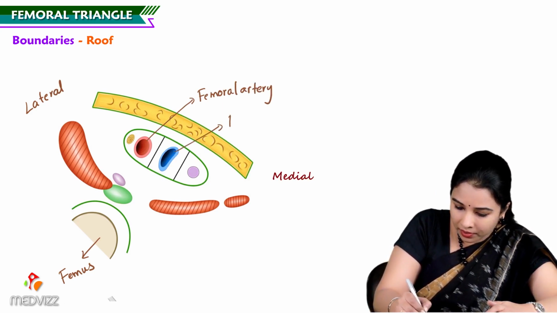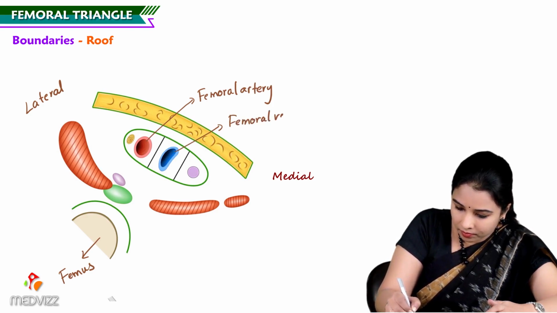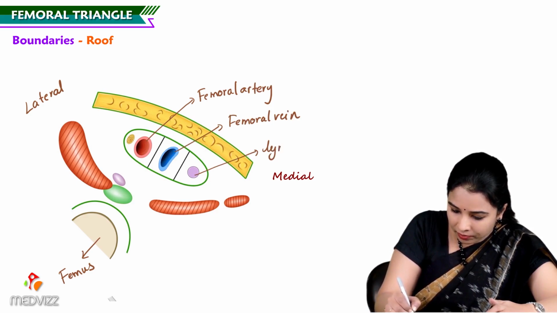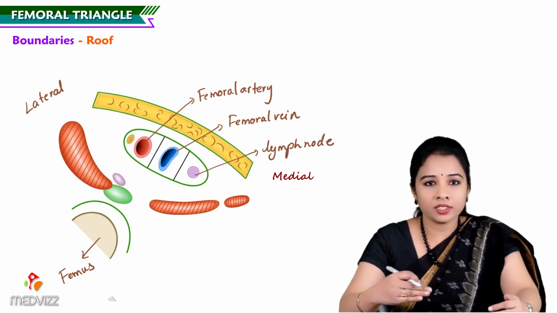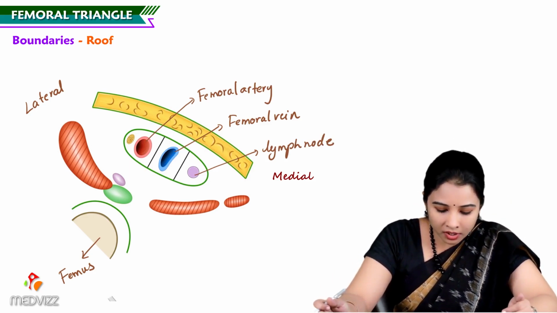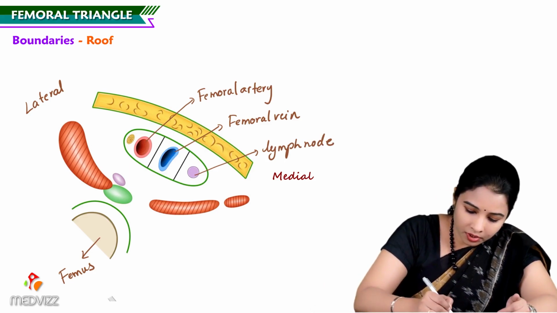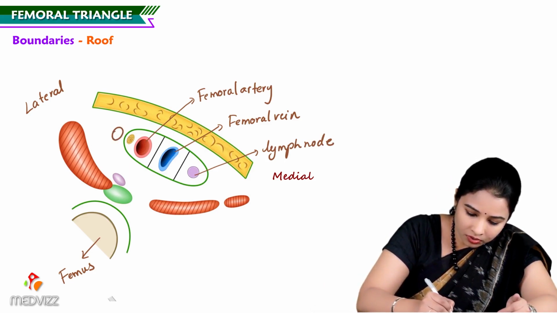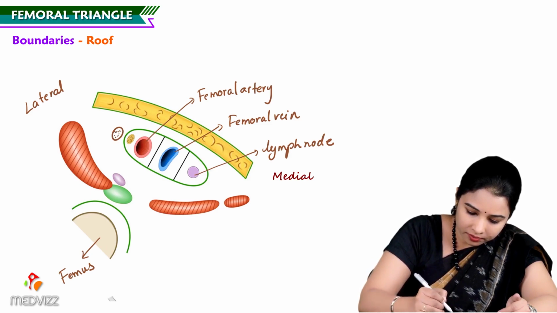Along with it, femoral vein. And most medially, we can see the lymph node, called femoral lymph node. All this I will discuss a little later. They are present in a sheath called femoral sheath. The nerve, femoral nerve, is present outside the femoral sheath.